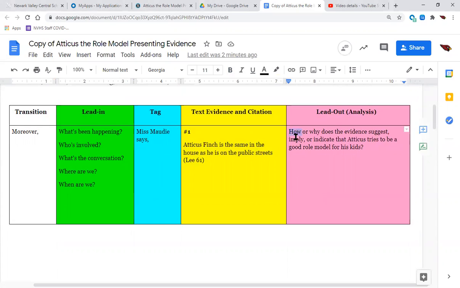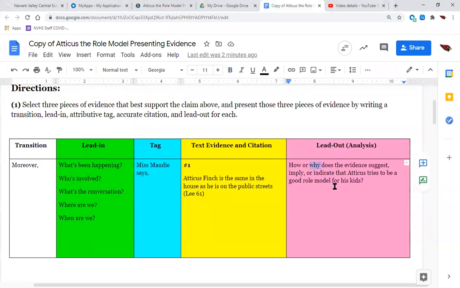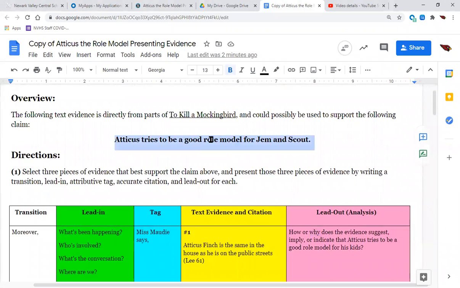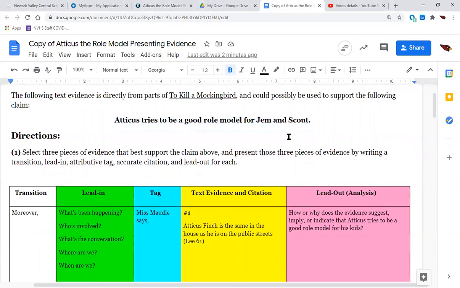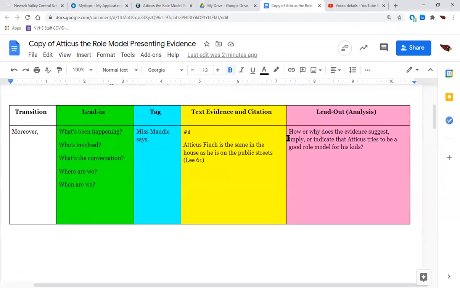Are you explaining in several sentences how or why the text evidence supports what you're trying to prove, which in this case is that Atticus tries to be a good role model for Gem and Scout? You do that 3 times. Do it well 3 times, and you can earn as many of those 200 points for this assignment as possible.